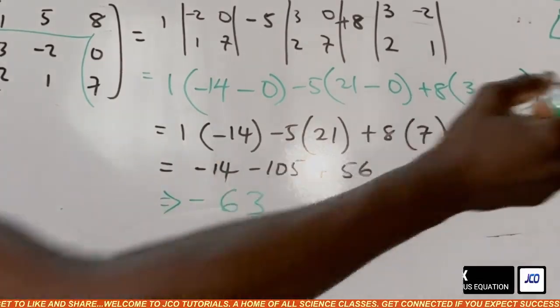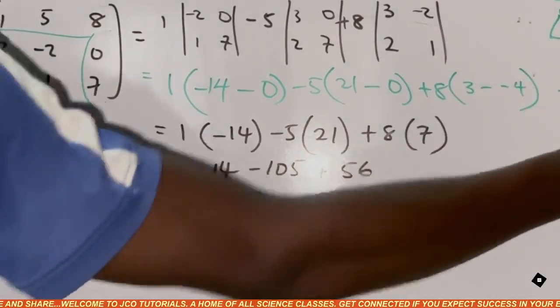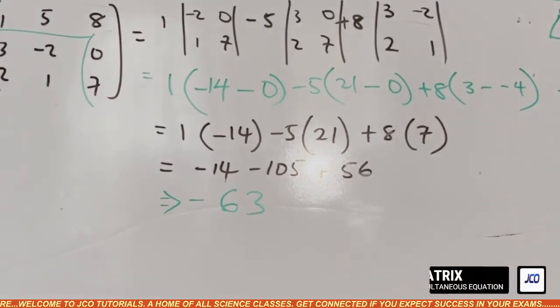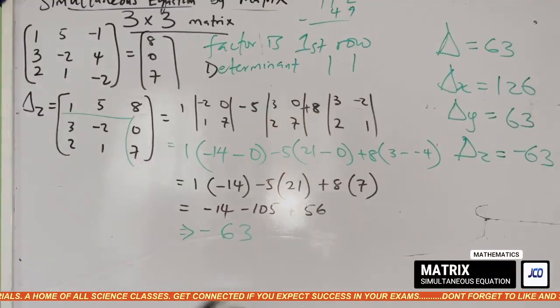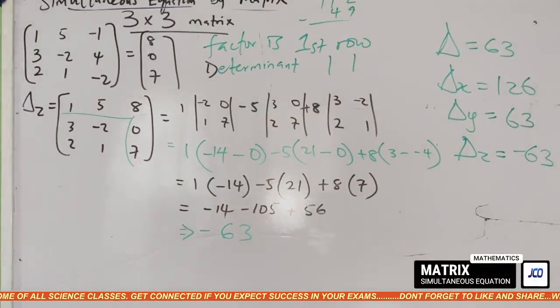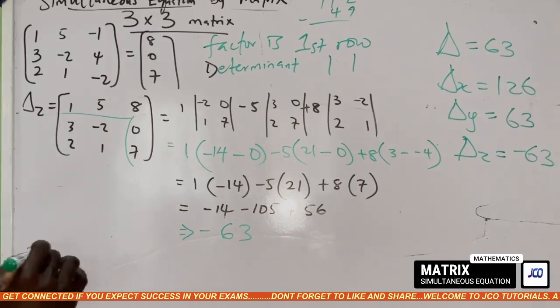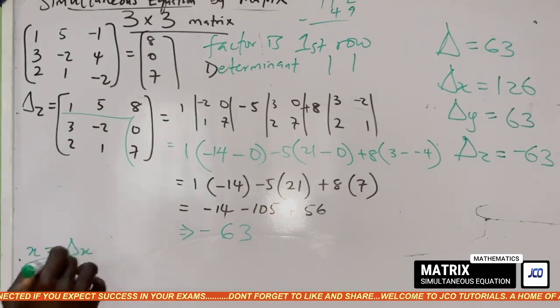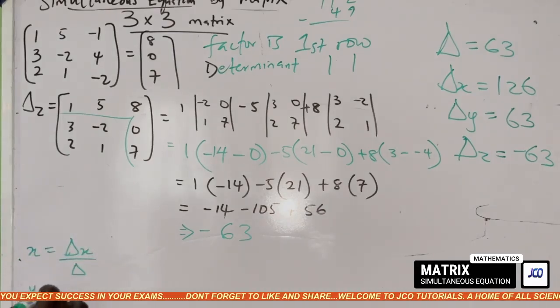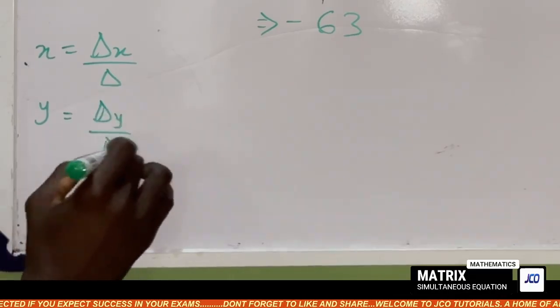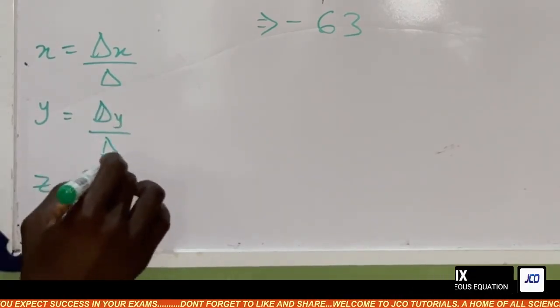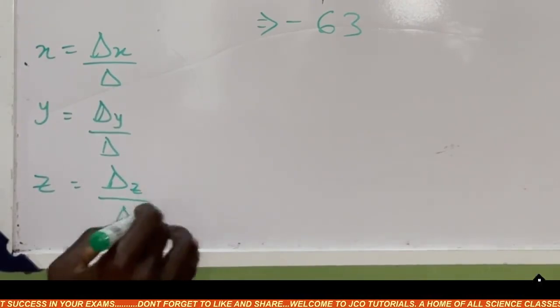So we've gotten our determinant of z as minus 63. Finally, what is going to be our answer for x, y, and z? X is determinant of x over determinant, y is determinant of y over determinant, then z is determinant of z over determinant.